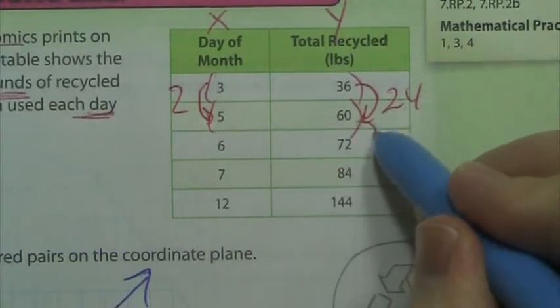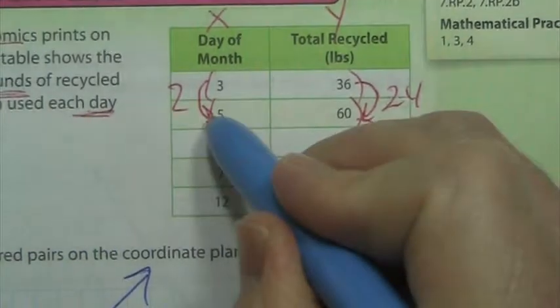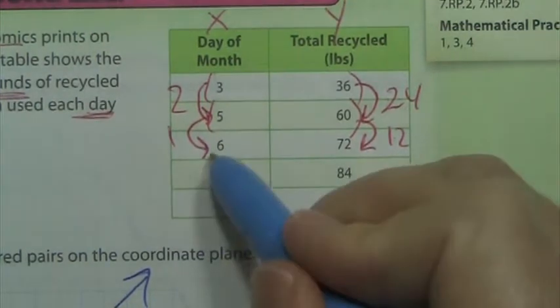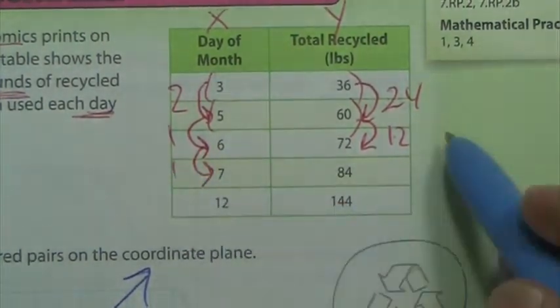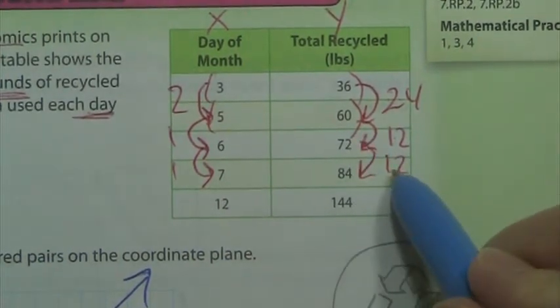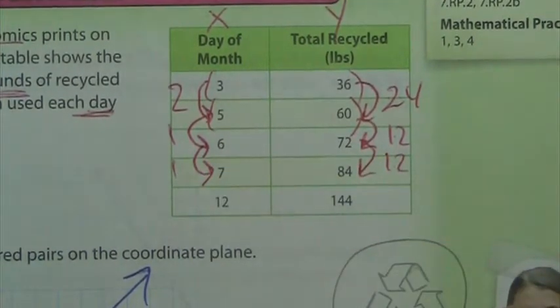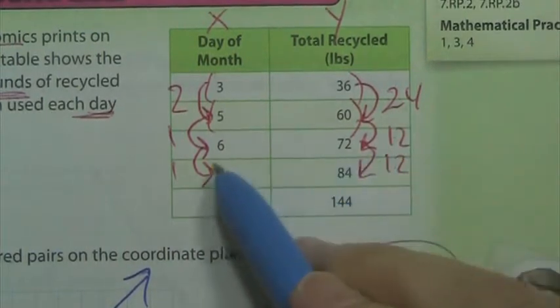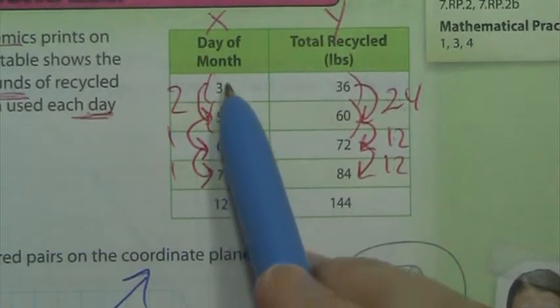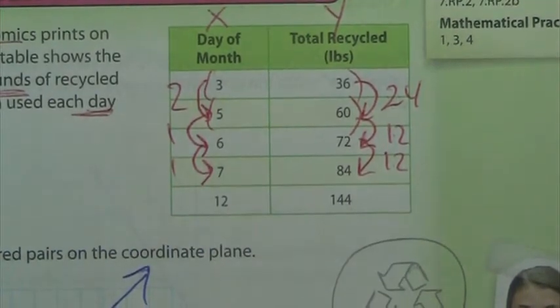Now if I go from 60 to 72, that's 12. And this is 1. If I go from 6 to 7, that's 1. 72 to 84, that's 12. You see that? It'll still be 12 over 1 when it's reduced. You just have to be careful if it's not consecutive, if it's not in a row.